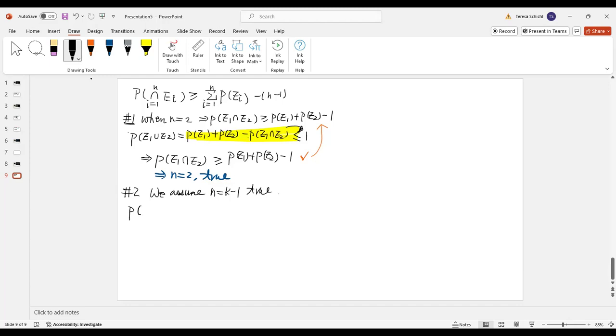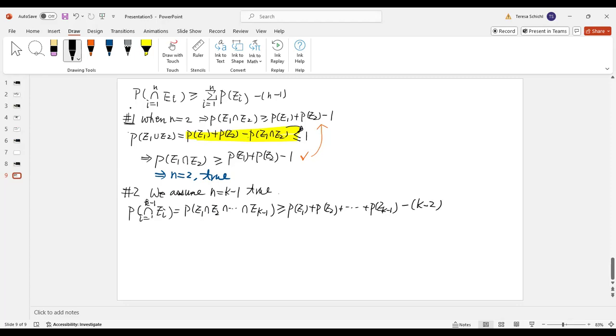That means the probability of the intersection of Ei for i from 1 to k minus 1, that is, E1 intersect E2 all the way to E(k minus 1), is greater than or equal to the probability of E1 plus the probability of E2, all the way to the probability of E(k minus 1), minus, since n is k minus 1, (k minus 2).